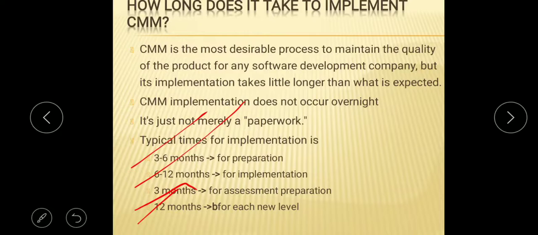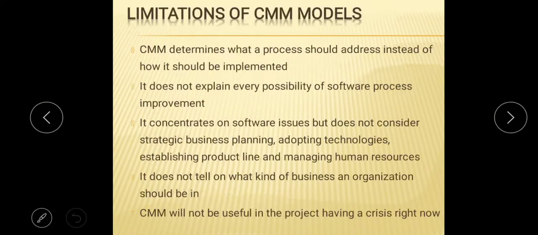So we can have an idea from this slide that how much time it will take to implement the CMM as a whole. Next one is the limitations of CMM models or capability maturity models.